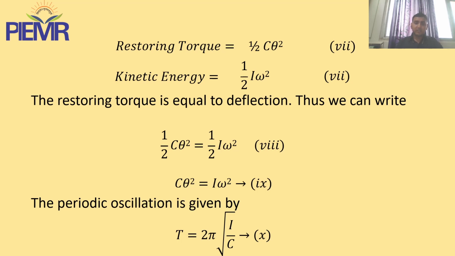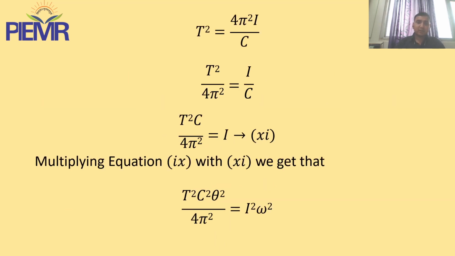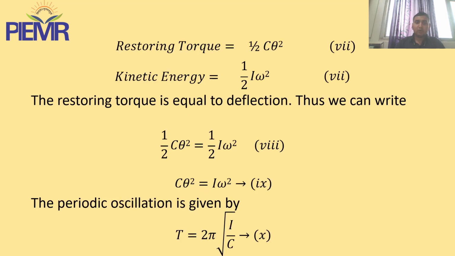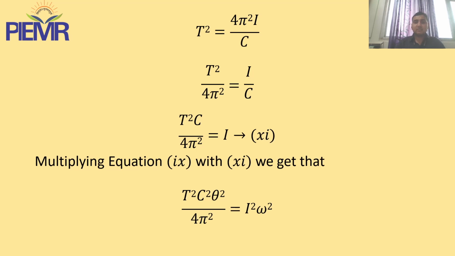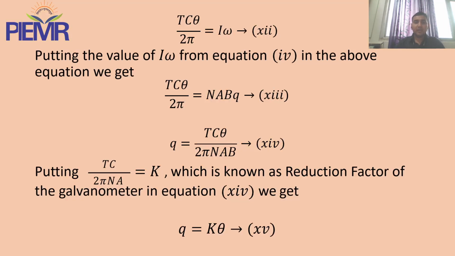So that gives the equation of periodic oscillation, T equal to 2 pi root of I by C, which is equation number 10. As we square equation number 10, this gives our 11th equation, T square equals 4 pi square I by C. By combining the 11th equation and the 9th equation, we have T square C square theta square equal to 4 pi square I square omega square.